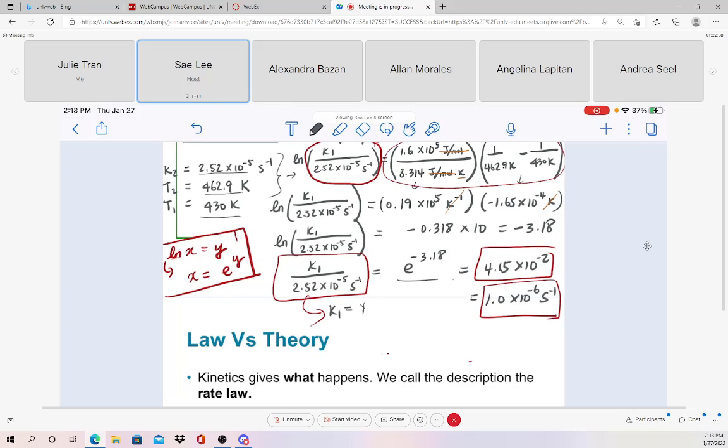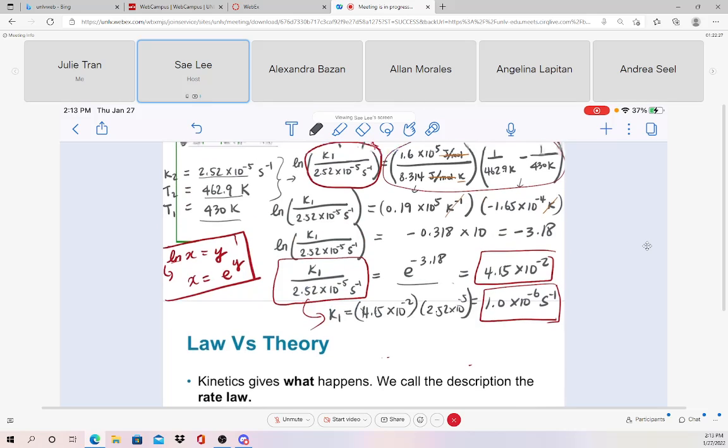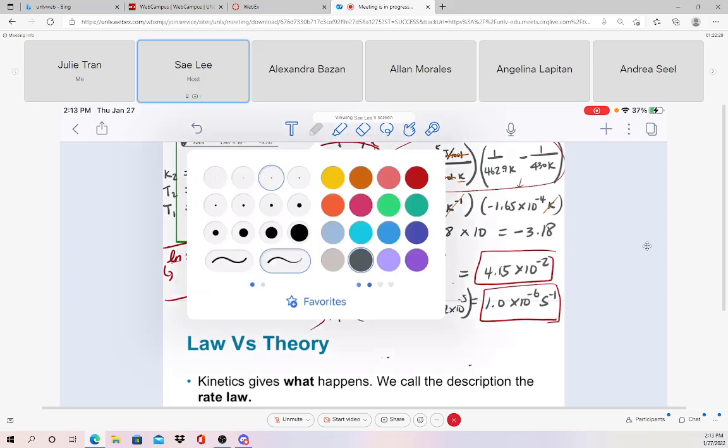So 4.15 times 10 to the negative 2 times 2.52 times 10 to the negative 5. Okay, whoever pointed that out, thank you. I made a mistake.